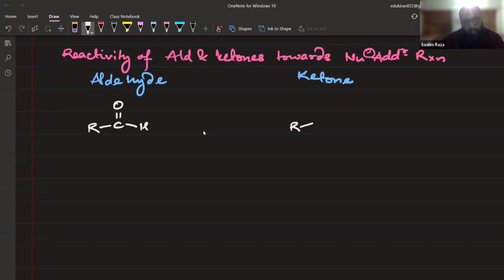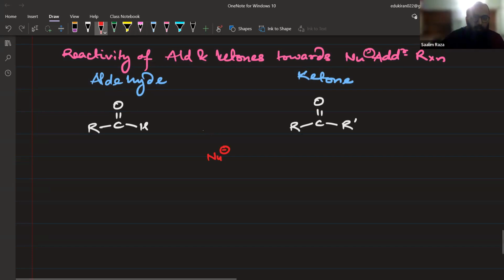Ketone: R connected to carbonyl carbon and another alkyl group, some R dash. Clear है सबको? ठीक है. अगली चीज देखिए. The nucleophile will be present. A nucleophile will react with aldehyde and ketone. Why will it react with aldehyde and ketone? Because carbon is having delta positive charge here and delta positive charge here also.